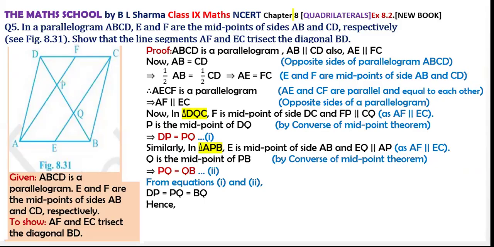Means this equal to this equal to this. Or we can say that AF and EC trisect diagonal BD. ये AF और EC है, diagonal BD को 3 equal part में divide करती है. That's all for this question.